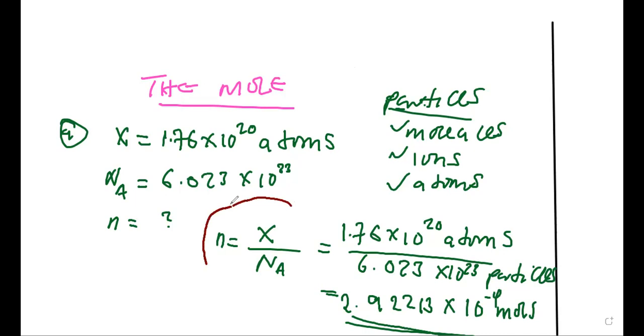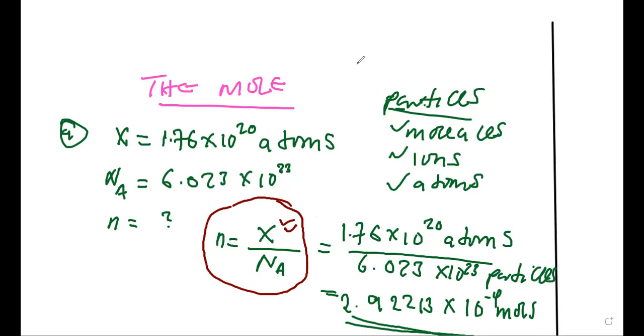This is the formula we always have to use whenever we've been given the number of particles. Okay, we have been taught to say these are atoms. So if they said the number of molecules, we are still going to use this formula: number of moles is equal to number of particles over the Avogadro's constant.